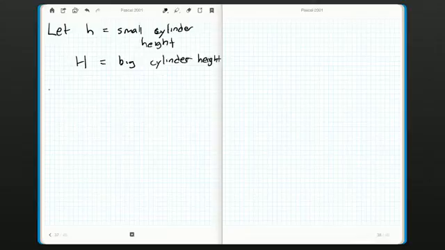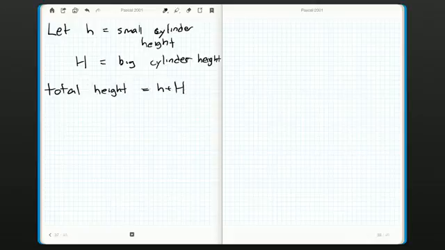And in total, the total height, which is what we want, is little h plus big H. So in a perfect world, I think we would figure out little h and then capital H, and then we would add them together, although it's possible, because we only have a couple figures here, that we might not be able to figure out what little h and capital H are right away.